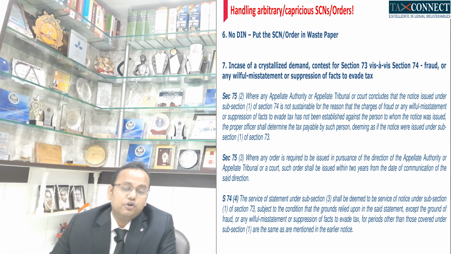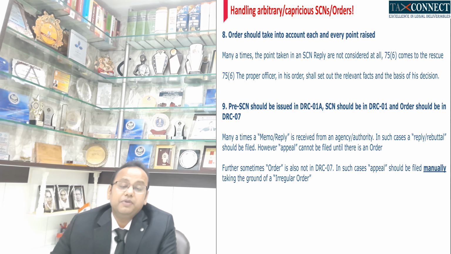Therefore, it is important to weigh each and every one of these three terms: fraud, willful misstatement and suppression, threadbare. Important also is to note that under section 73 the penalties are milder, sometimes no penalties also, but under section 74 the penalties are very stringent at a minimum of 15%.